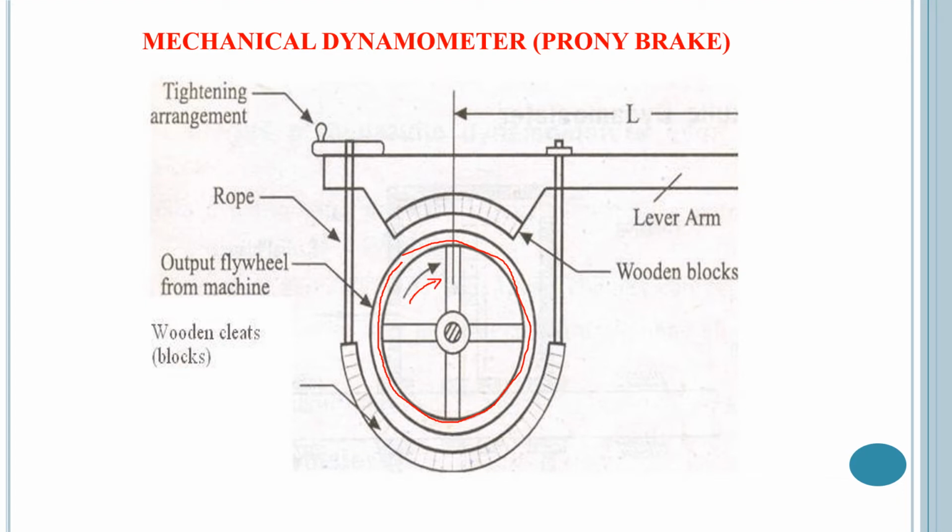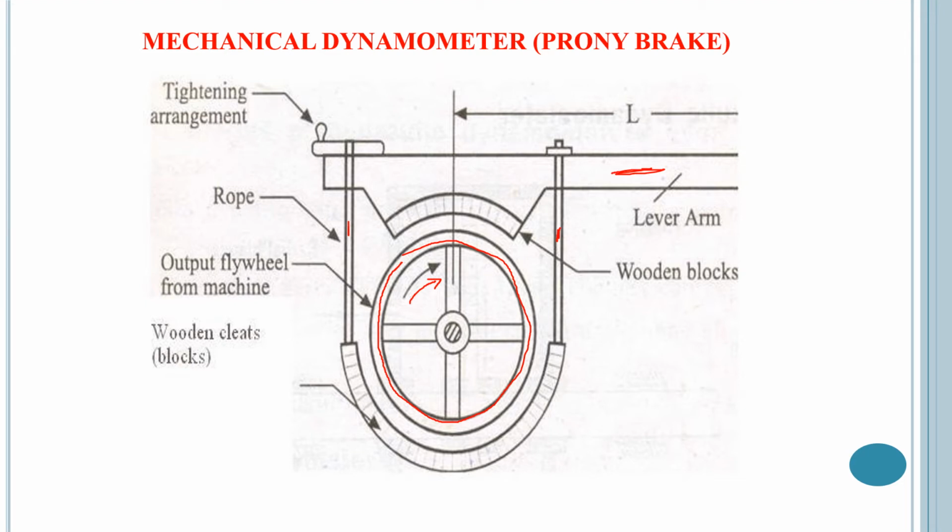Then we have two ropes, one on this side and another on this side, and then we have a lever arm. Then we have a tightening arrangement so that we can tighten this rope.